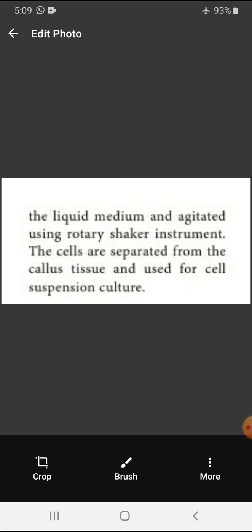The cells are separated from the callus tissue and used for cell suspension culture. So these are the different types of plant tissue culture technique based on the explant: organ culture, meristem culture, protoplast culture, and cell culture. The cell culture is also known as cell suspension culture.